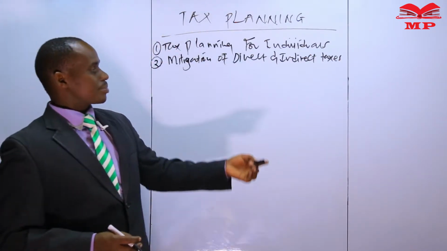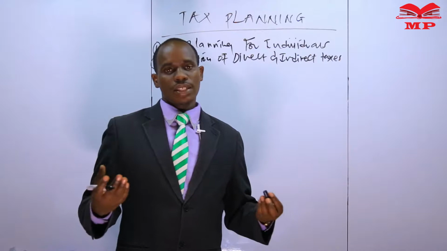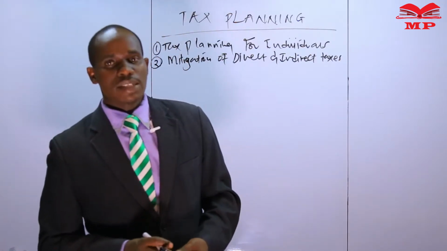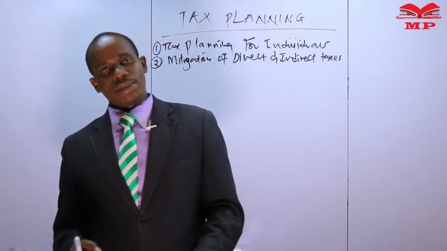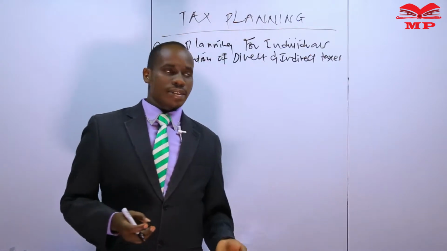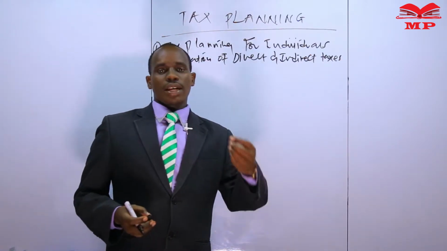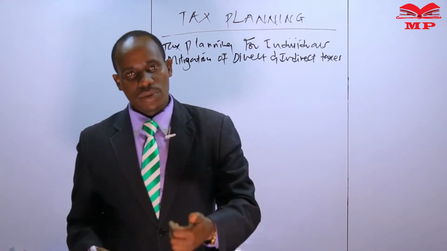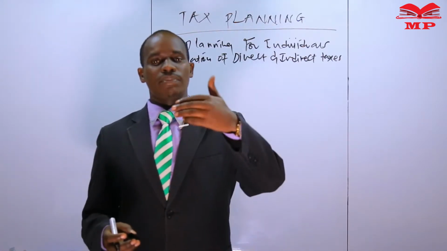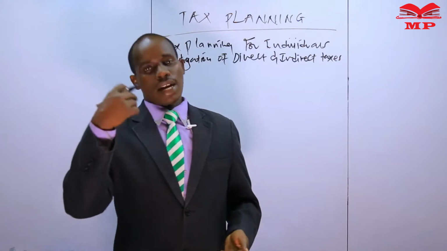Indirect taxes are like VAT, and these are those taxes whereby the tax impact and the tax incidence are on different persons, meaning they are imposed on one person and the final resting place is another person.